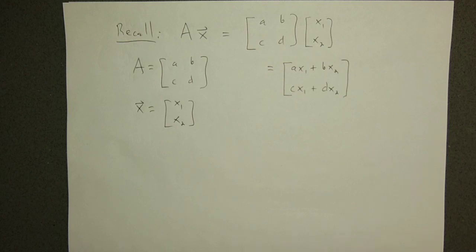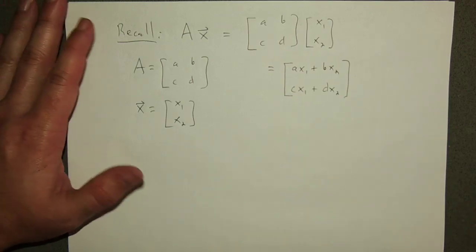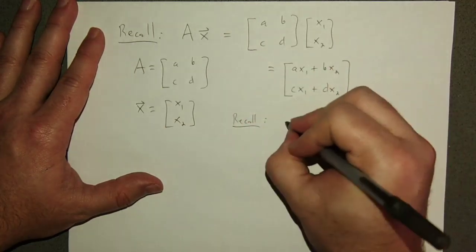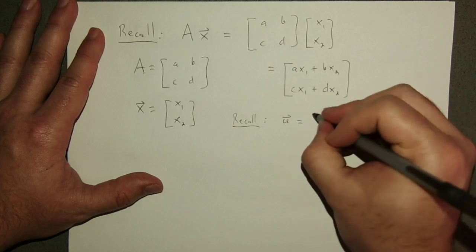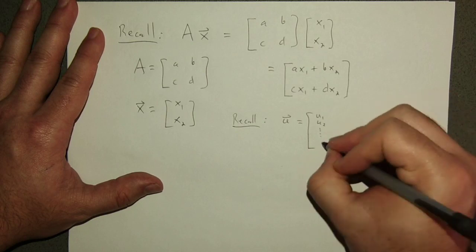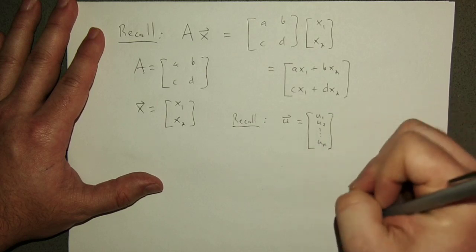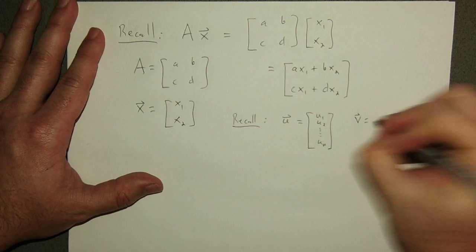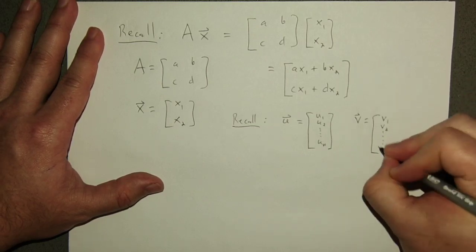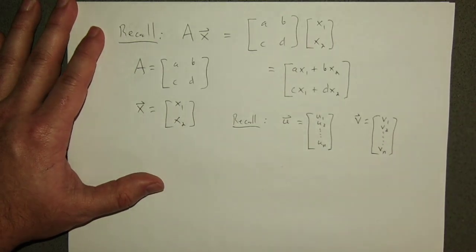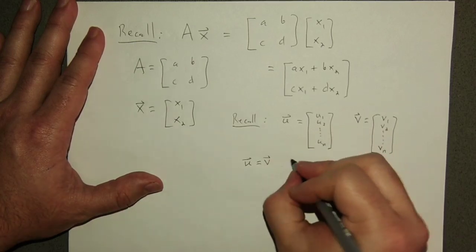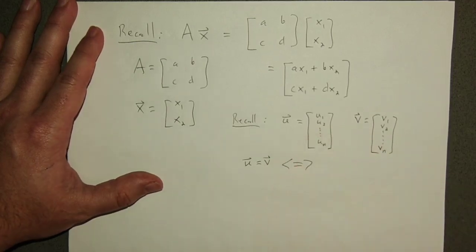Another thing to recall: if I have two vectors, U, made up of entries U sub 1 through U sub n, and another vector, V, made up of entries V sub 1 through V sub n, then U is equal to V if and only if what is true?